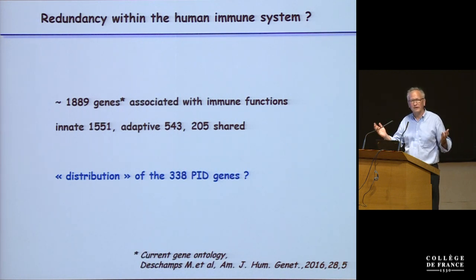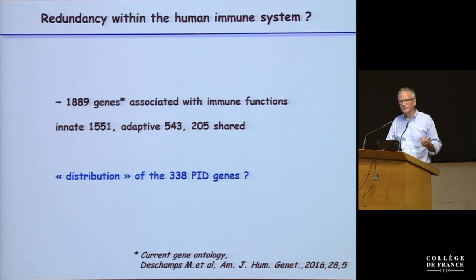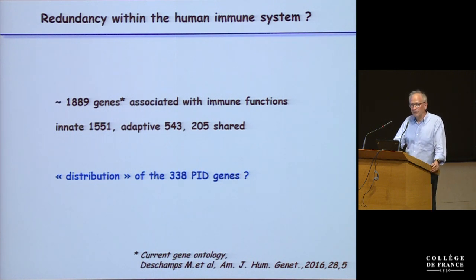distributed? Is it a random distribution, which would suggest that everything is equal in terms of importance in fighting infections or protecting against immunopathology, or is there a non-random distribution?